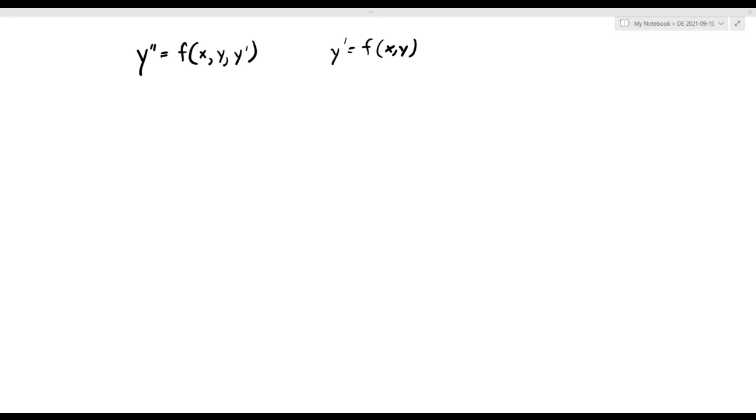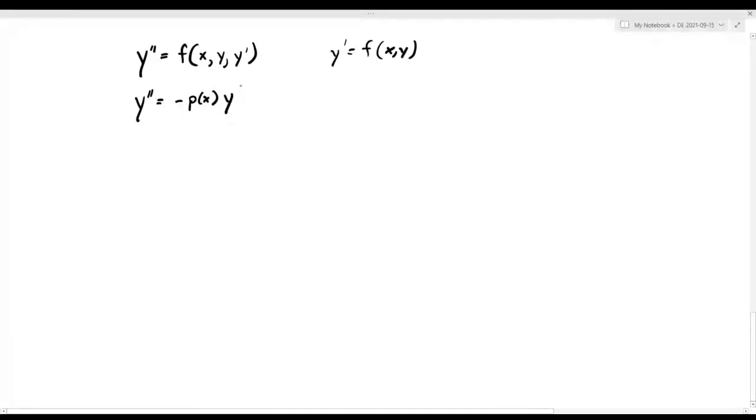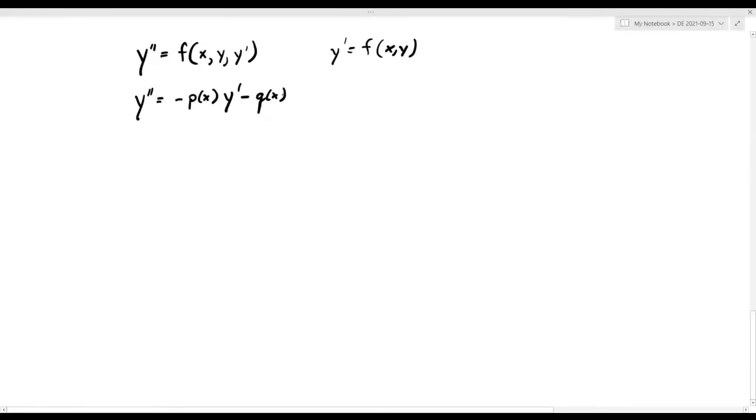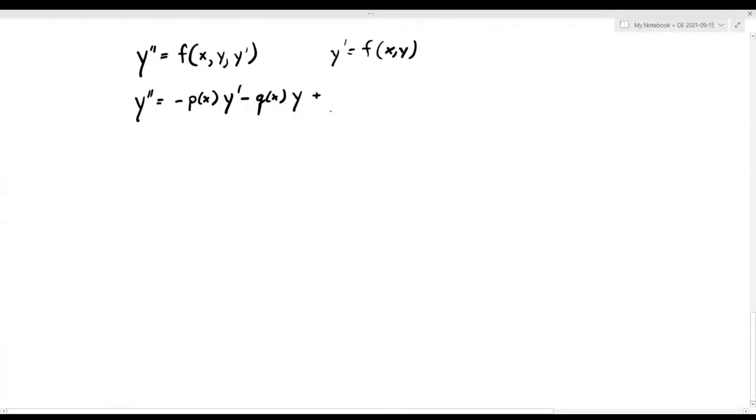Now, a special case is where we have y prime being multiplied by some function of x, p, and then y is multiplied by some function of x, q, and then we have plus another function that's called g.